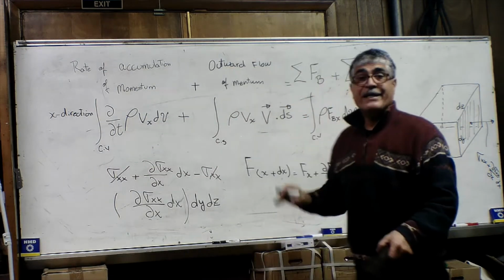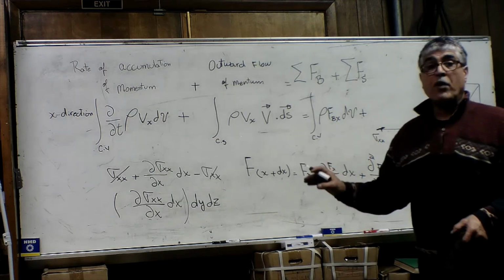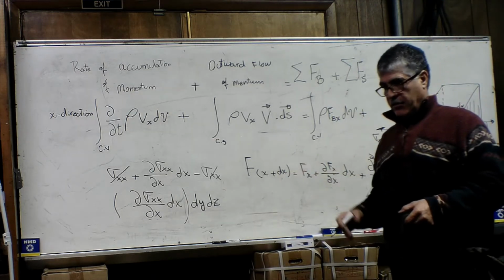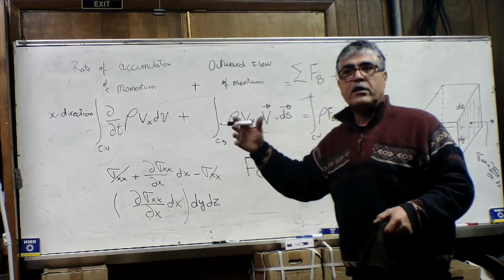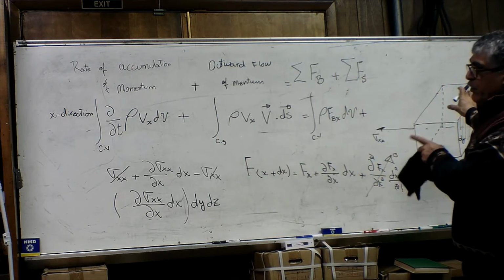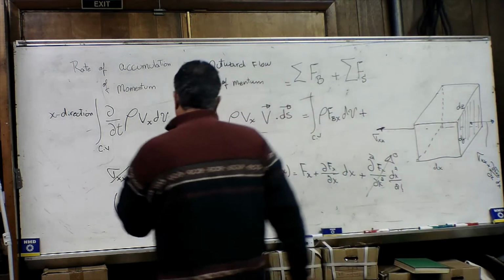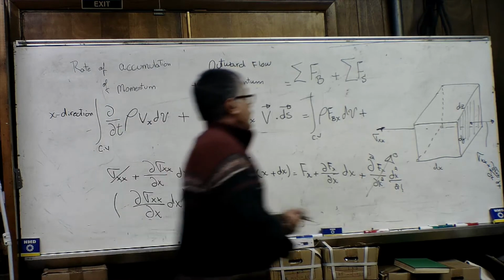So this is the net surface force resulting from the direct stress, from the neighboring fluid mass acting on the fluid inside our volume. Now, this is for one direction.